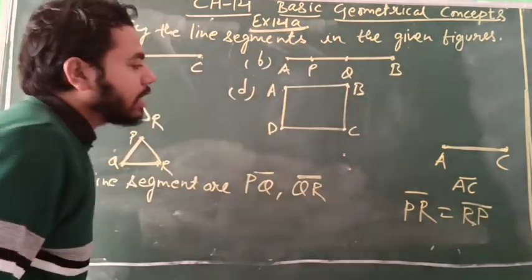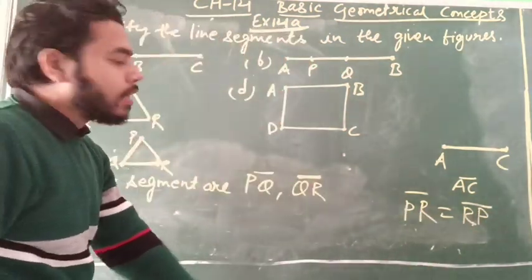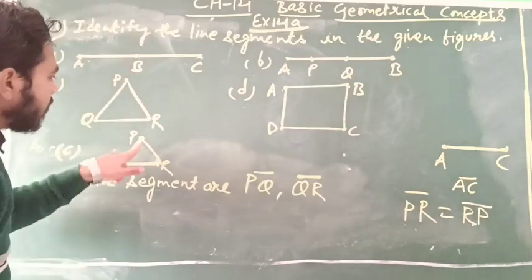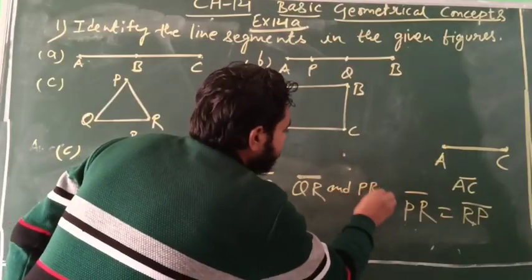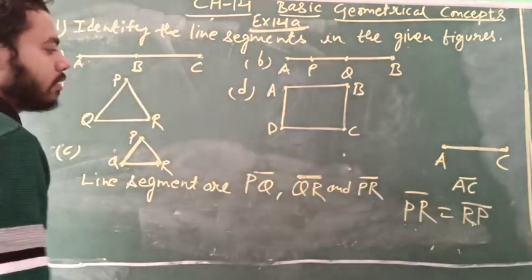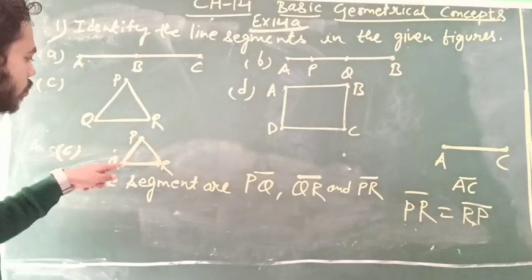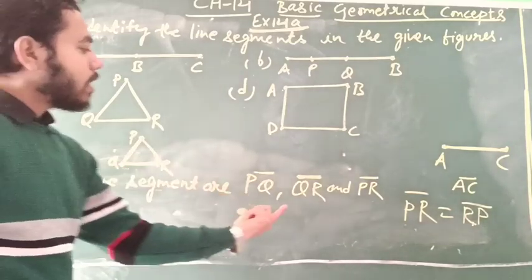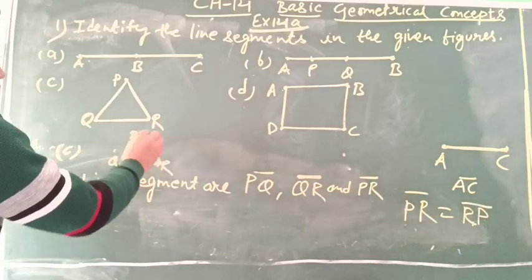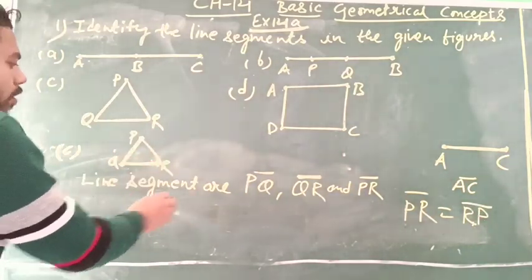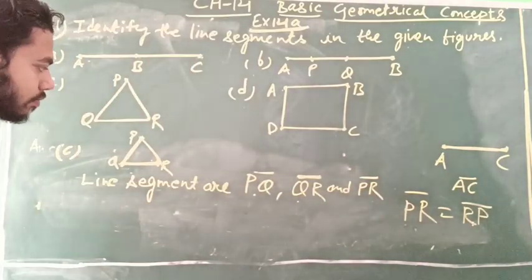This is the property: we can write PR or RP, both are the same, so we just write PR. So these are the 3 line segments we get in this triangle PQR: PQ, QR, and PR.